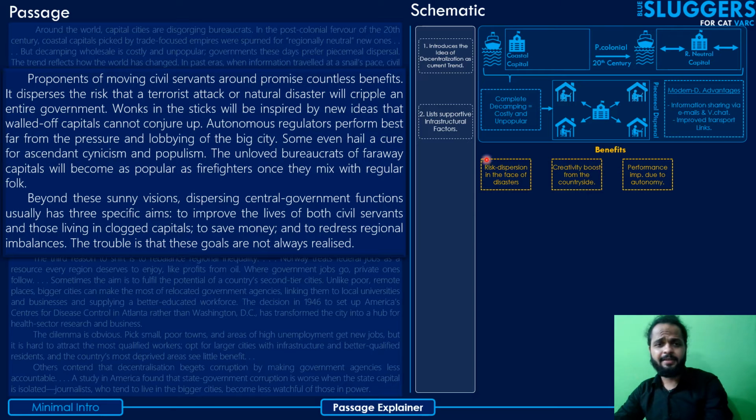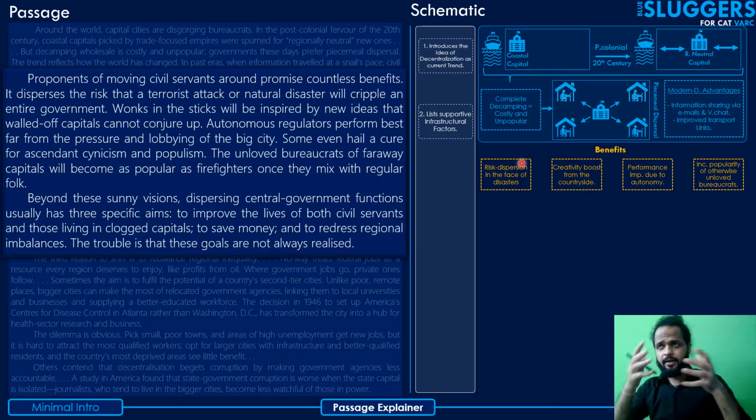So that's another benefit. Next, he finally says some of the proponents even say that putting the government officials away from the capital cities and near the countryside and in remote areas might even hail a cure for ascendant cynicism and populism. The unloved bureaucrats of faraway capitals will become as popular as firefighters once they mix with regular folk.